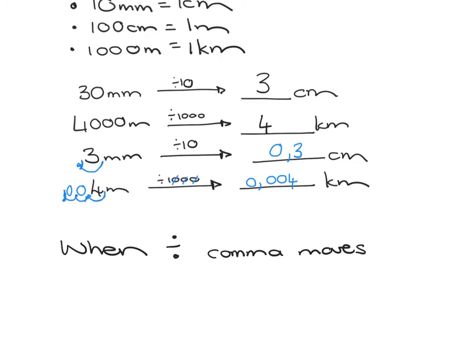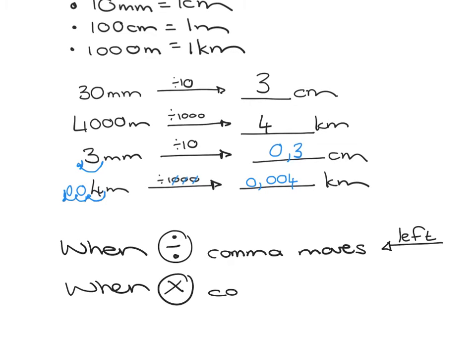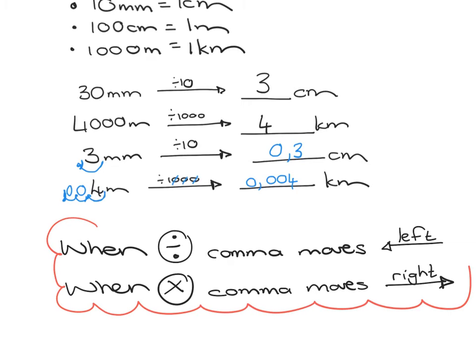So when I divide, the comma moves this way, left, because that makes a number smaller. When I times, the comma will move to the right, because that makes a number bigger. And this rule is going to help you not make mistakes when you have to use decimal numbers. 3 more examples, then I'm done.